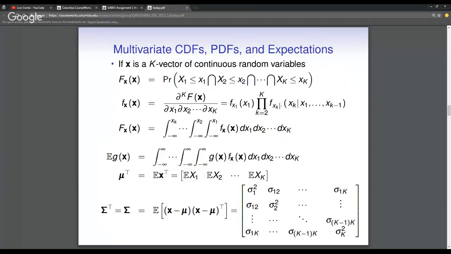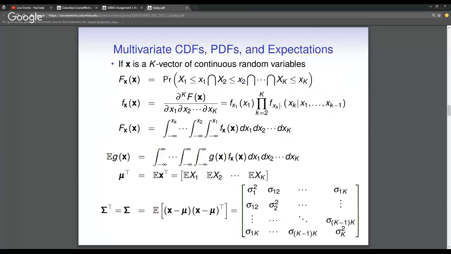Keep going till you run out of x's and you get the CDF. In general, these multivariate CDFs, we're never going to be able to write them in convenient analytical forms. So this is just a way of thinking about the CDF. You never are actually doing a k-variate integral.